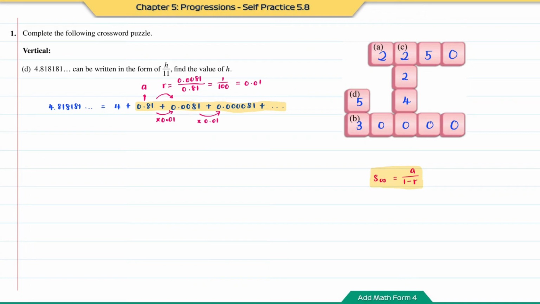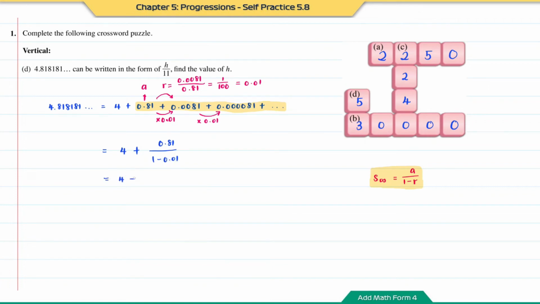So to find the total of it, we're going to use the formula sum to infinity. So here, it's going to be 4 plus, for the decimal parts, the total, we're going to use the formula a, which is 0.81, divided by 1 minus r, which is 0.01.